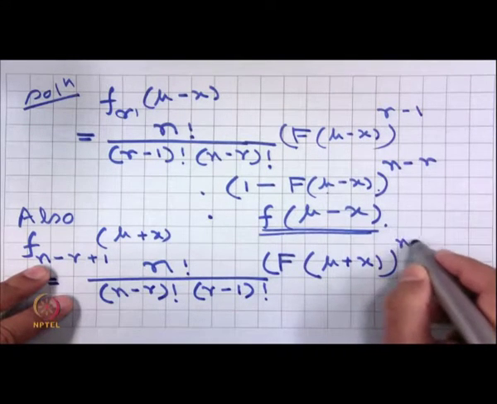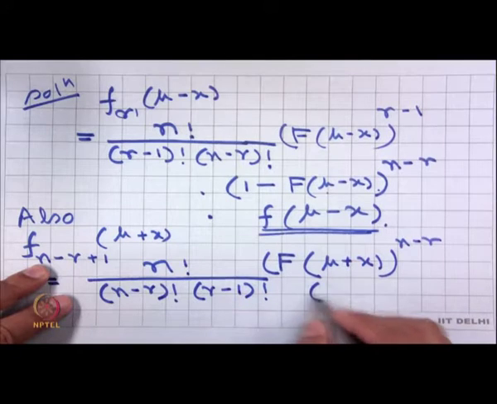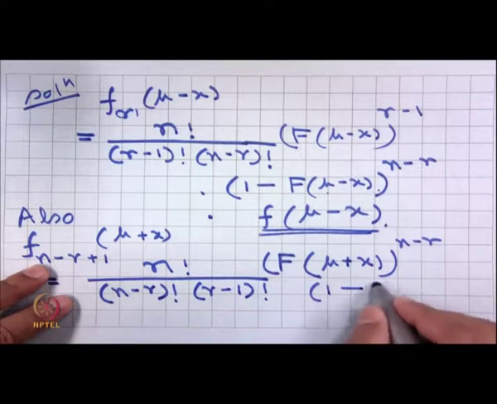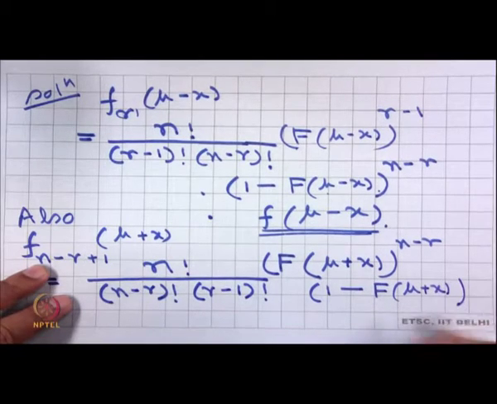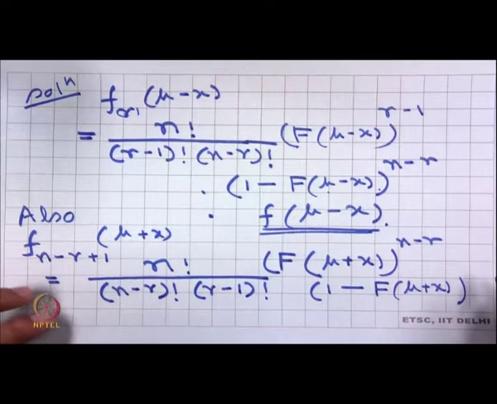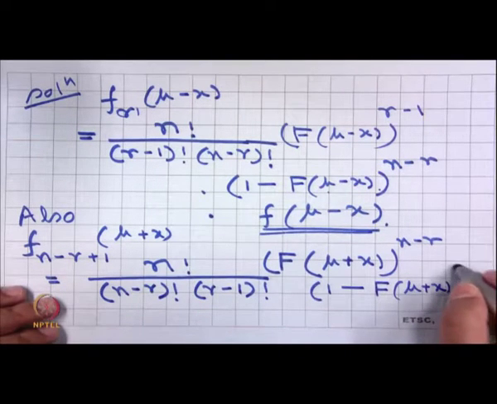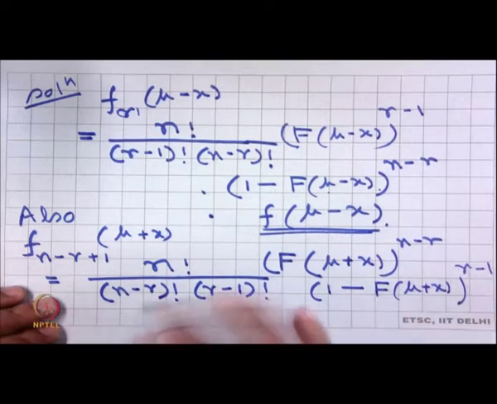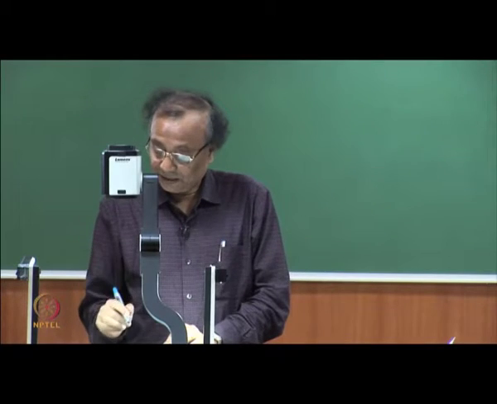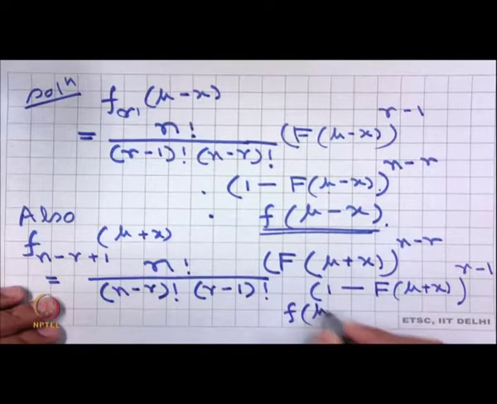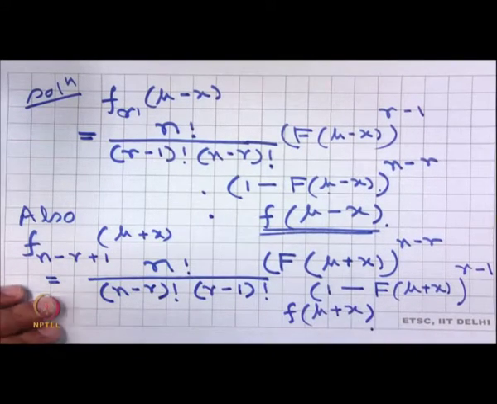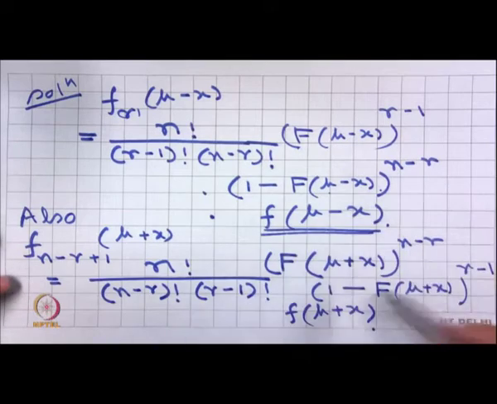So, it is n minus r, 1 minus f at mu plus x. How many will be on this side? There will be only r minus 1 of them, because I am looking at the rth from the end, multiplied by f at mu plus x. So, we got the two expressions here.